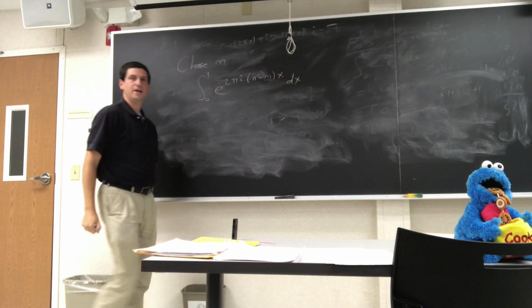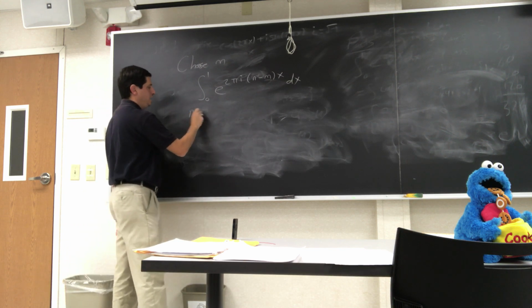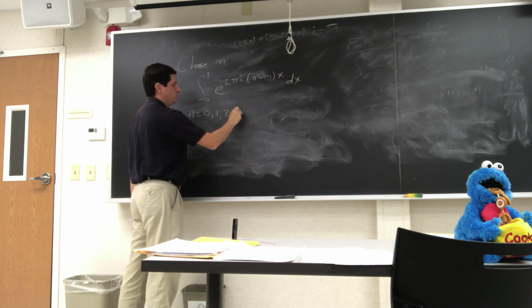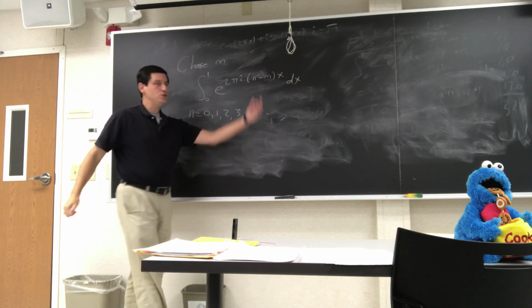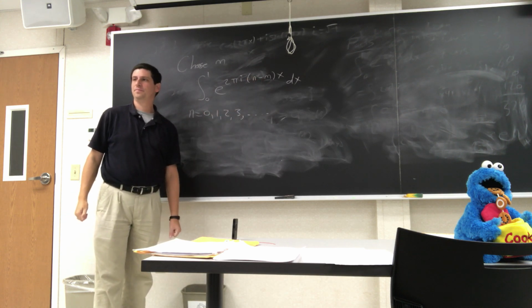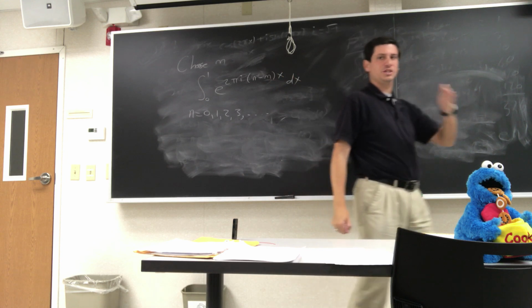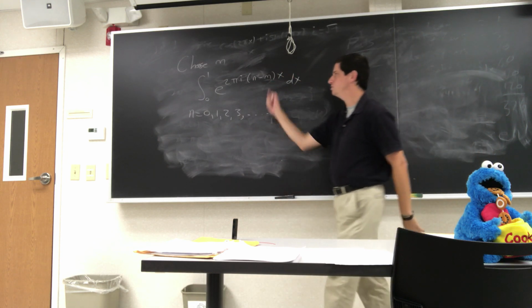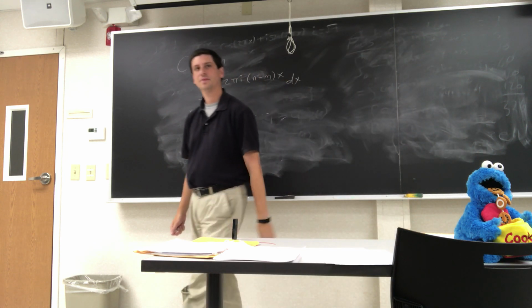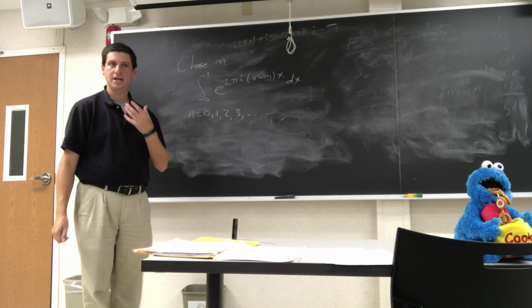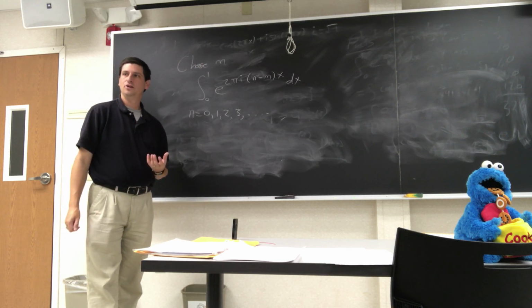And I'll plug in different values of n. I can take n equals 0, 1, 2, 3. And for each one of these, I will compute them. And then I will keep getting 0, 0, 0, 0. And then eventually, when my n hits your m, I get 1. And this allows me to detect your number m.